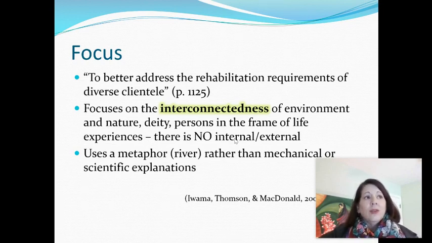And rather than using some sort of visual model depicting how the different aspects of the theory interact, like a systems theory type of presentation, it's using a metaphor, in this case, a river.